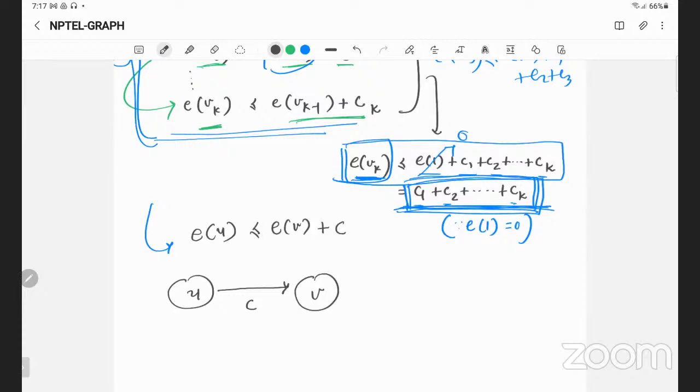So now, if we represent this inequality, we want EV to be here and EV plus C to be here. So if you see, we want to traverse from this vertex to this vertex intuitively, right?